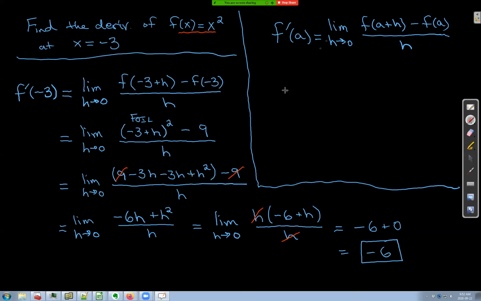Okay, but there's another definition, and it's this one. It says f prime of a is the limit as x goes to a of f of x minus f of a divided by x minus a.